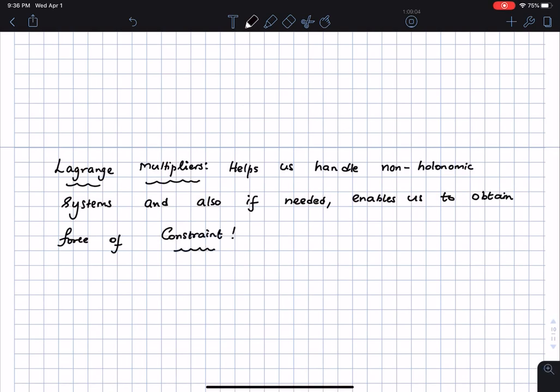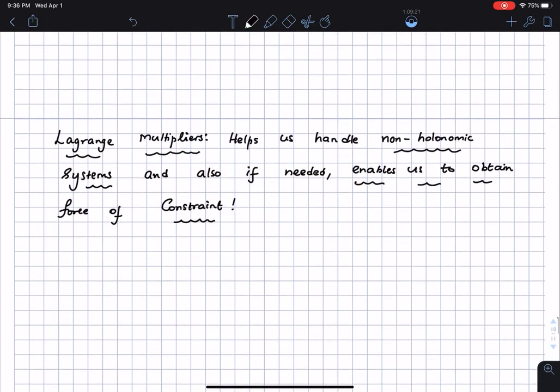Those are the two things that are of use to us, and obviously we have to look at non-holonomic systems in the coming lectures, so we need the idea of Lagrange multipliers. Now the derivation for this, we are not going to do in this particular lecture.